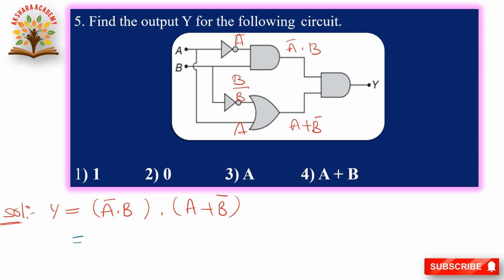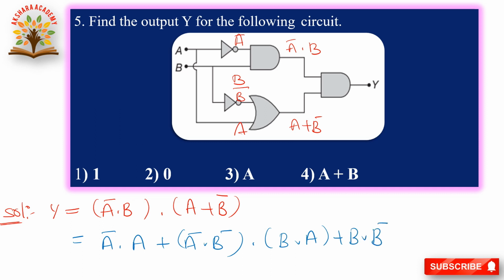Next, A bar dot A plus A bar dot B bar dot B dot A plus B dot B bar. So that is equal to 0 plus A bar dot B bar dot B dot A plus 0.